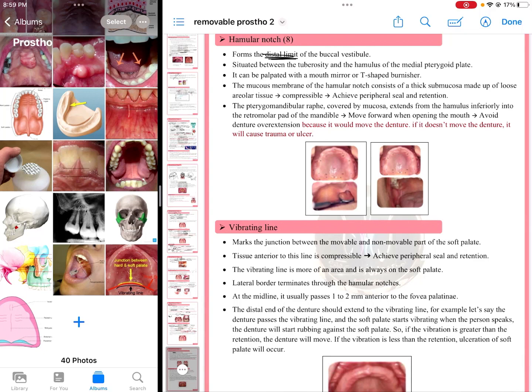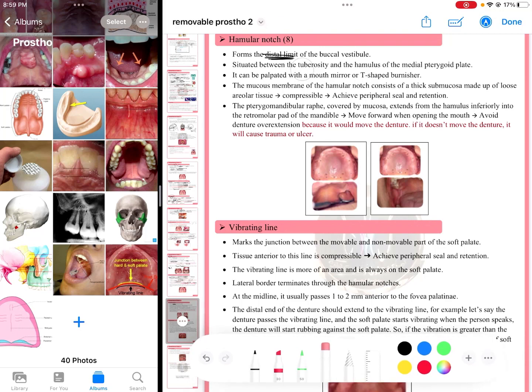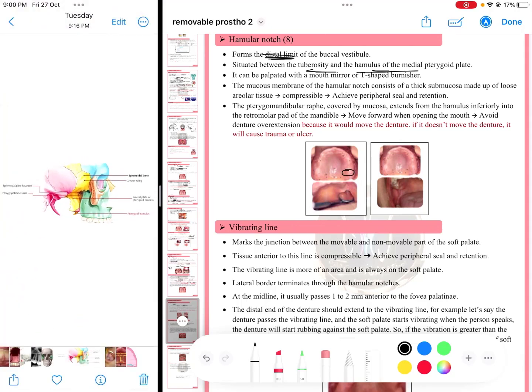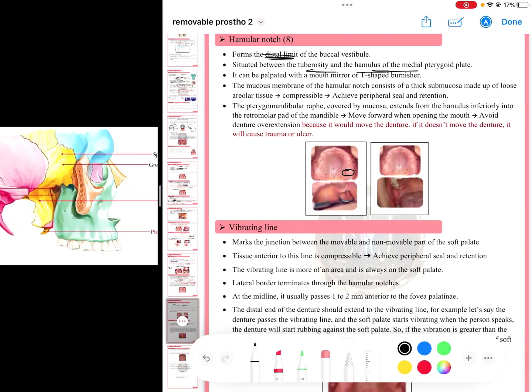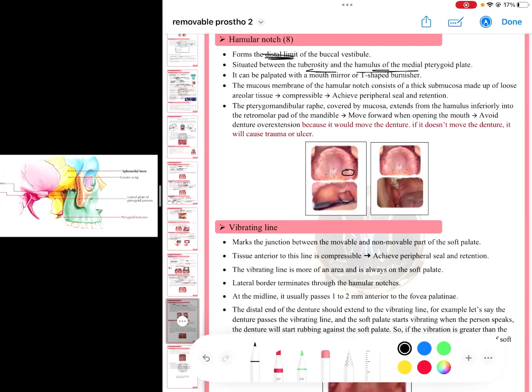So if they ask you in the exam, what is the distal limit of your denture, meaning where the denture ends distally? It ends distally at the hamular notch. Okay, so it's situated between the tuberosity and the hamulus of the medial pterygoid plate. So between the tuberosity and the pterygoid hamulus. This is the pterygoid hamulus, as you can see in red. So it's located between them.